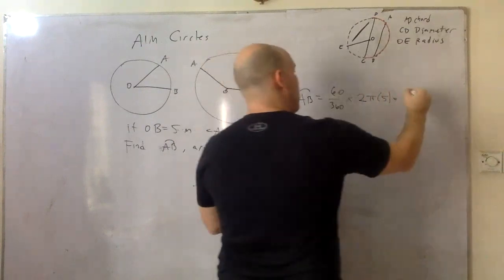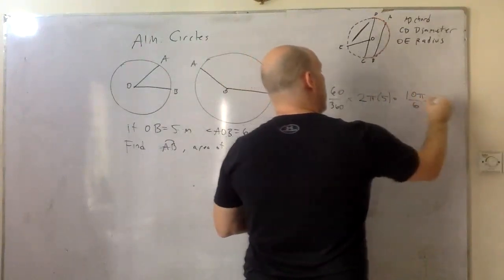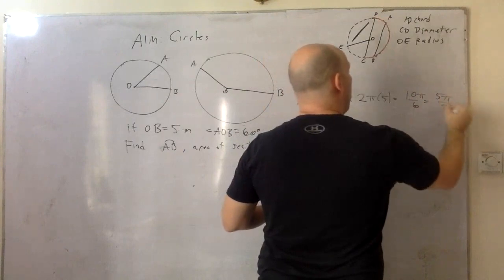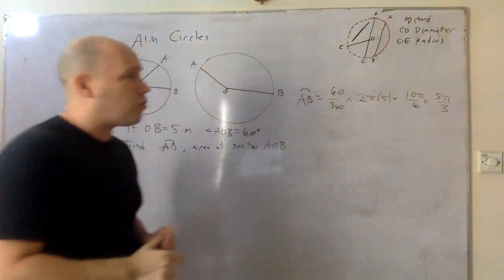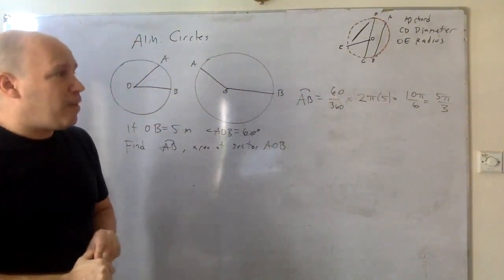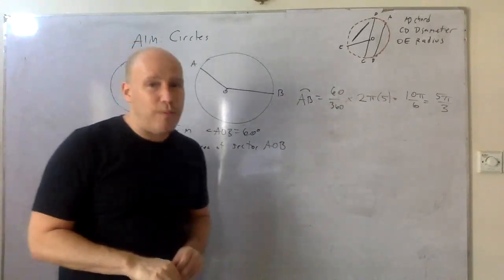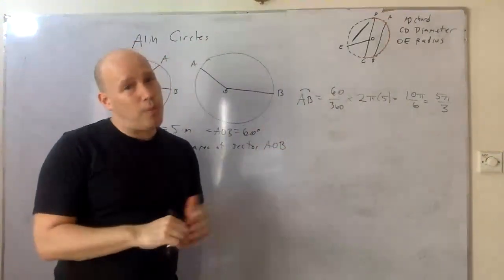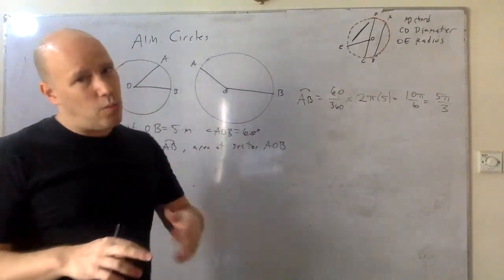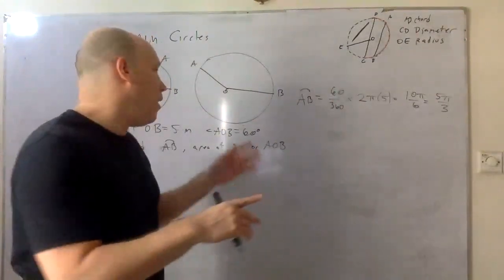And so the answer is 10 pi over 6, or 5 pi over 3. That's an actual distance, right? It's a little bit more than 5, because 3.14 divided by 3 is a little bit greater than 1, and a little bit greater than 1 times 5 is a little bit greater than 5.